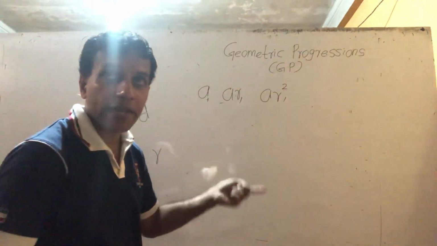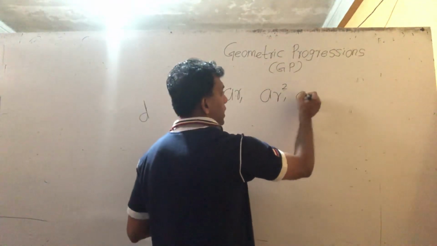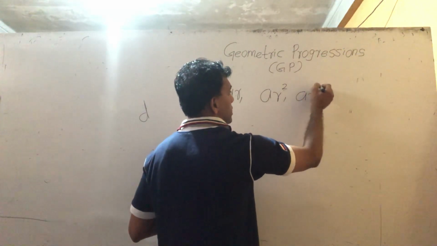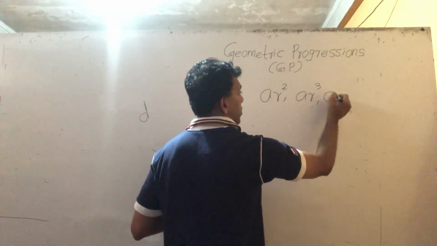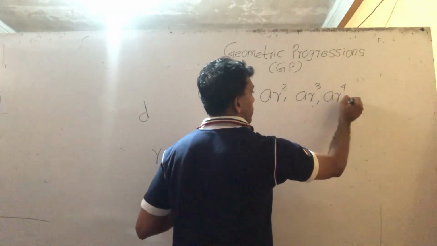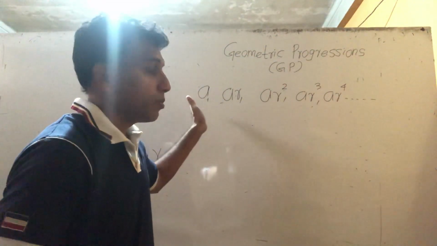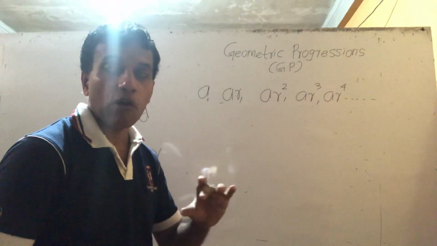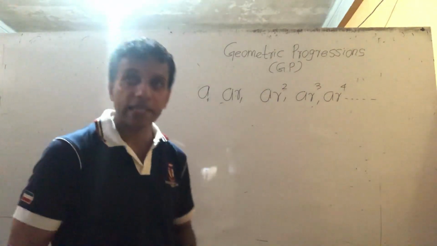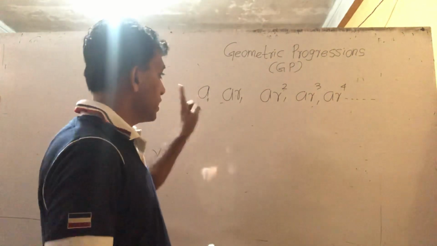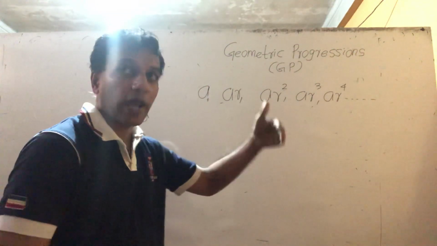Next, multiply by another r: ar power 3, ar power 4, and so on. Copy this. This is the general form of a GP, the geometric series general pattern, ar square, and so on.